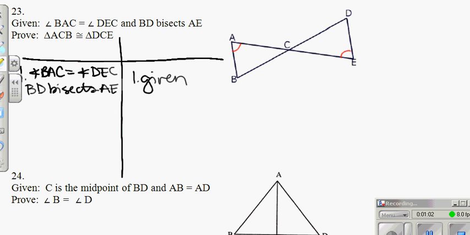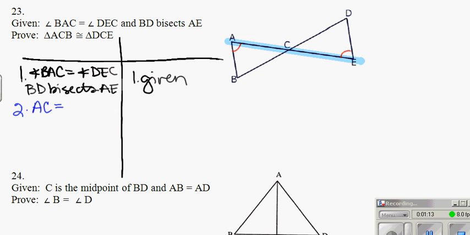In this case, AE is what is getting bisected. So what that gives me from the given, I get that AC is equal to EC by definition of bisector. That direction is super important. I know nothing about BD itself. I only know that AE is bisected.